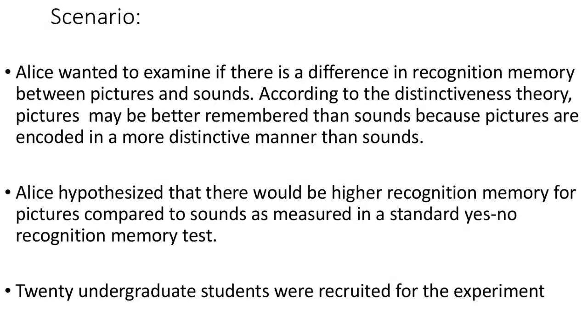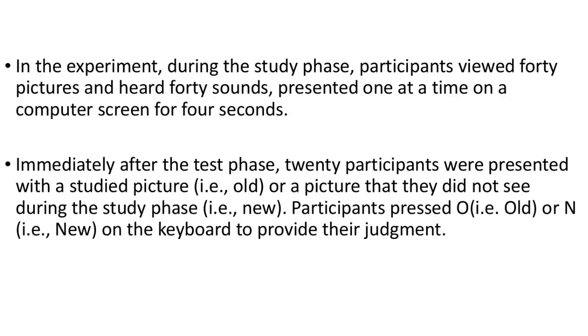And so in this case, do you think there's only one independent variable, right? Which is stimulus type, and it has pictures and sounds. Twenty participants were recruited, and all participants viewed 40 pictures and heard 40 sounds.